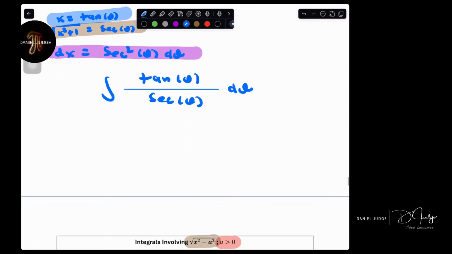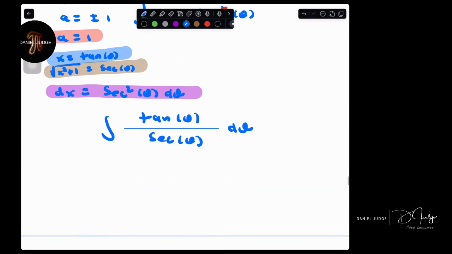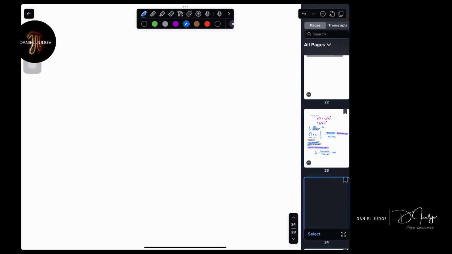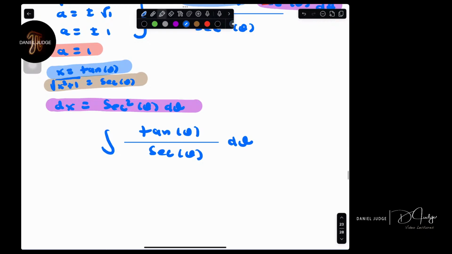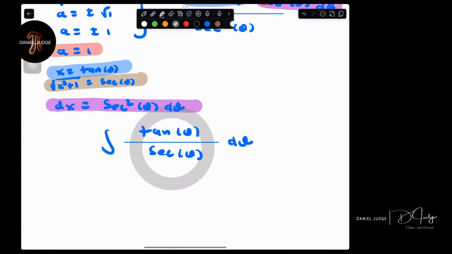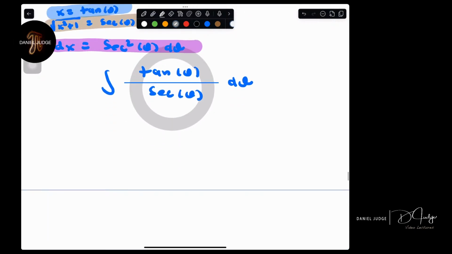So at this point, let's use some trig identities here, because we don't have a quotient of secant and tangent. We have a product, but we don't have a quotient. So tangent theta, remember the identity for tangent is sine over what?